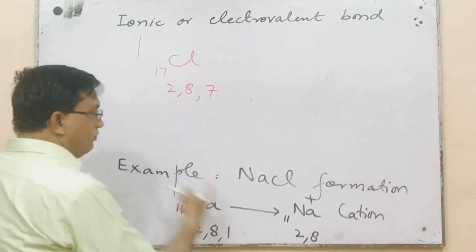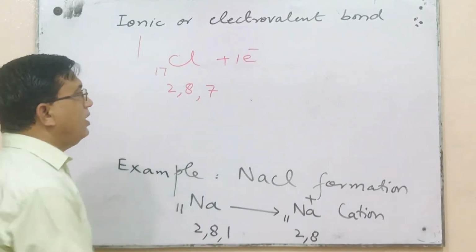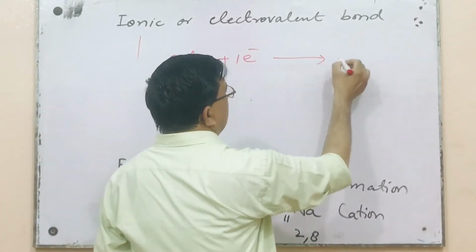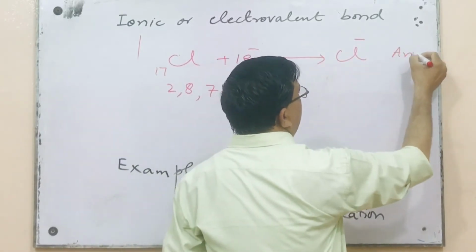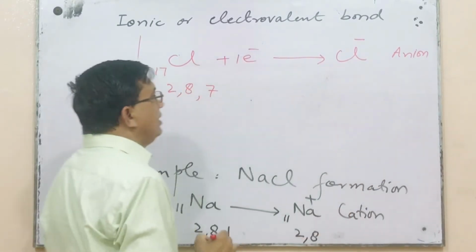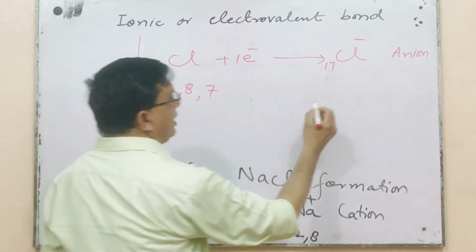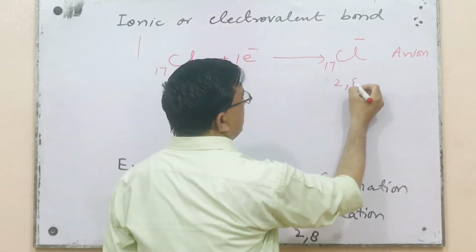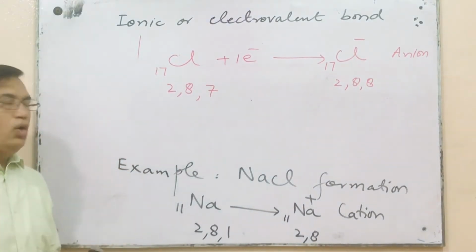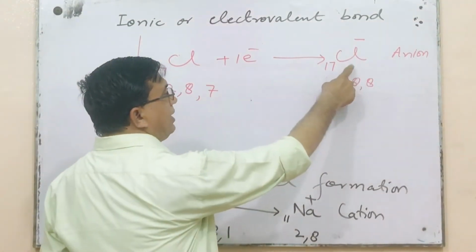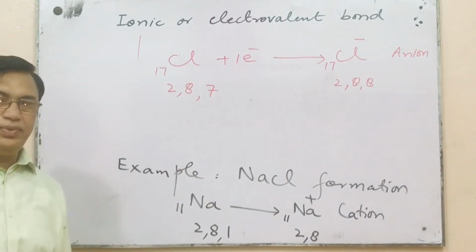So it will gain 1 electron and will be converted into chloride ion, which is called an anion. The proton number will remain the same, 17, and the electronic configuration will become 2, 8 and 8. And this electronic configuration is again of noble gas. It means that chloride ion is more stable as compared to chlorine atom.